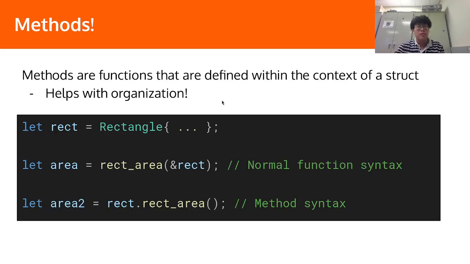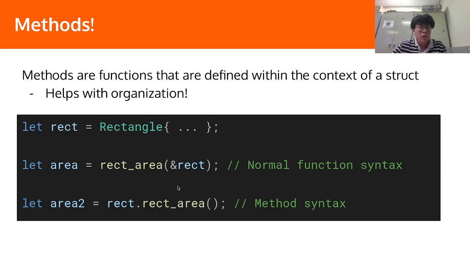Rust actually has a way to help us deal with that, and it's this thing called methods, right? Methods are functions that are defined within the context of a struct, and we'll soon see how we define them, but it helps a lot with code organization, and it also helps you write correct code more easily. With the function syntax that we defined earlier, with this rectangle instance, rect, we'll call the function rect area and pass in rect as an argument to the function, right?